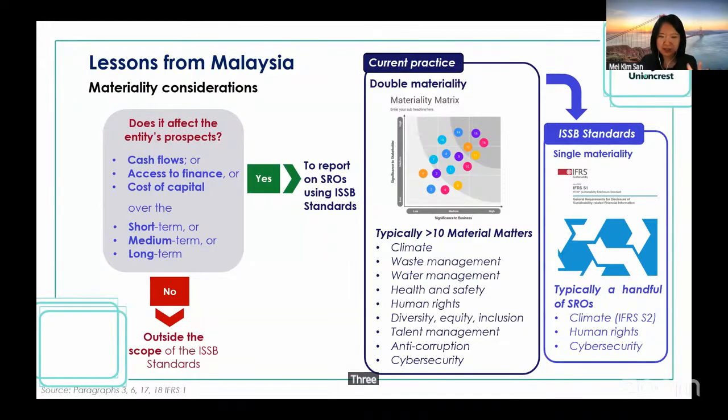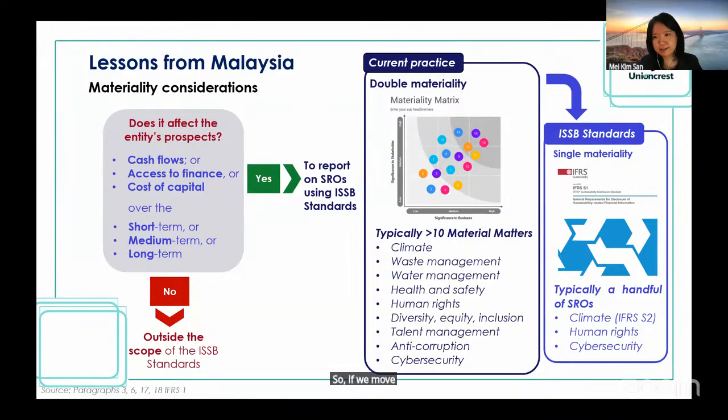Either one you hit, you have to do ISSB standards for it. If it's a yes, you will report the material matter, or SRO, sustainability risk and opportunity, using the ISSB standards. If no, then it falls outside of the standard. In other words, you're free to report using GRI or any other standard you like.